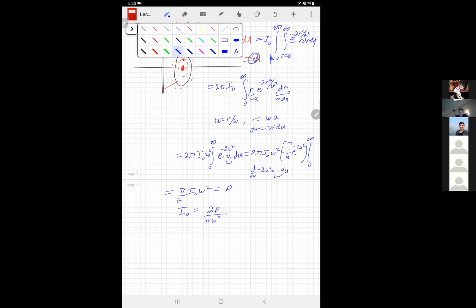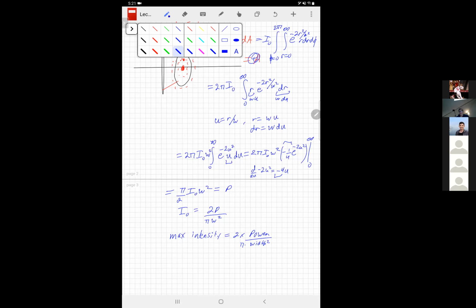So the maximum intensity is equal to 2 times power over width squared times pi. So if we just treat it as a circle, which is an approximation, we get that the maximum intensity is basically twice the power over the area.